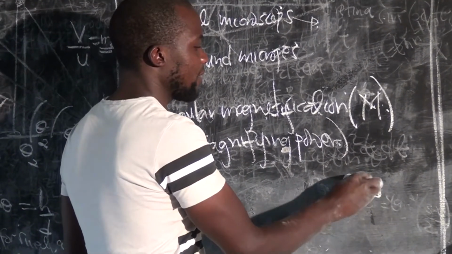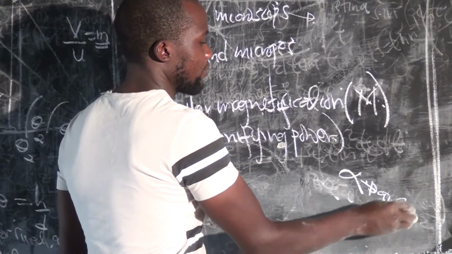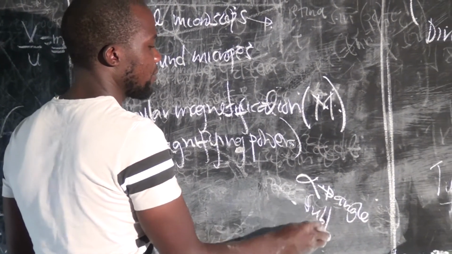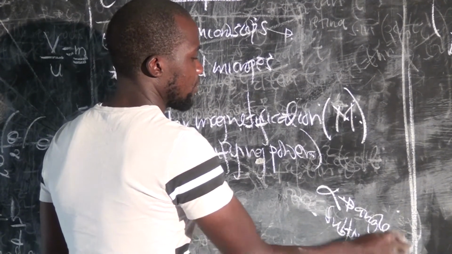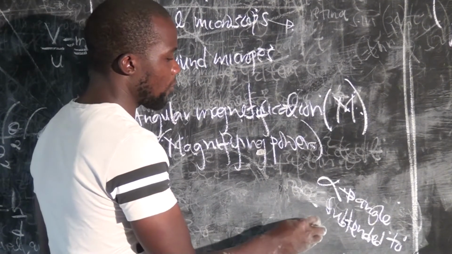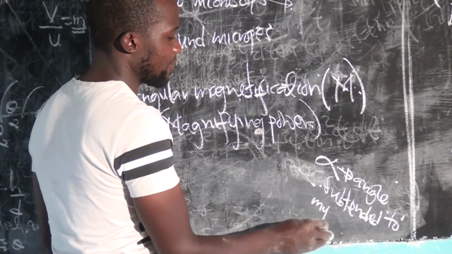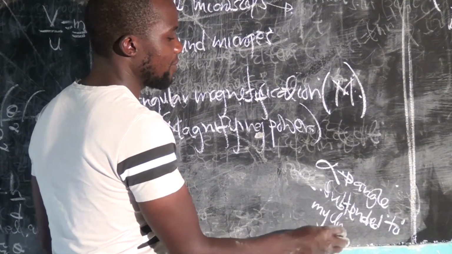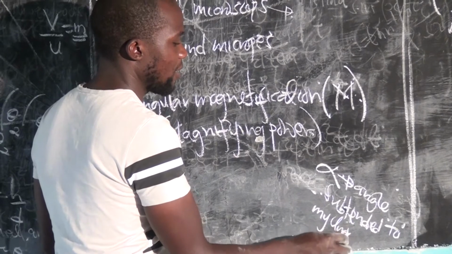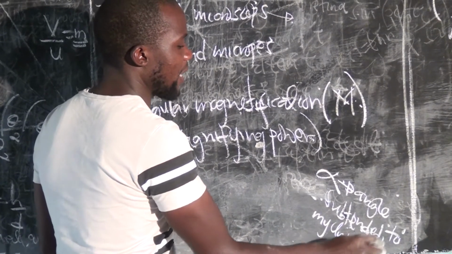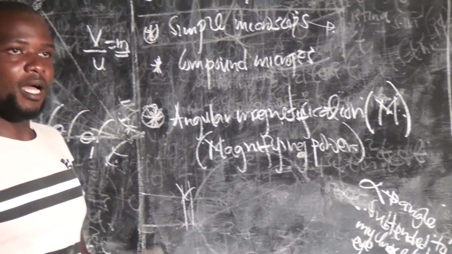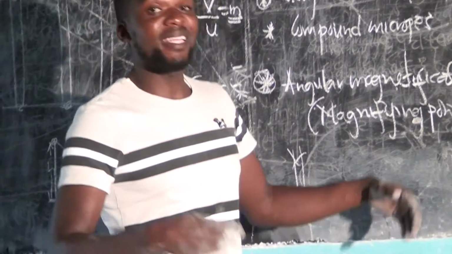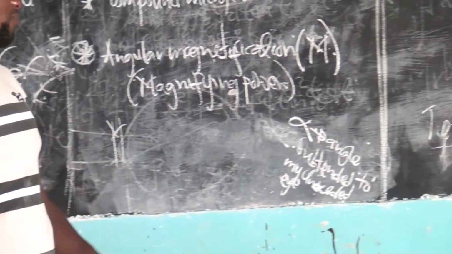This alpha is the angle subtended to my unaided eye.